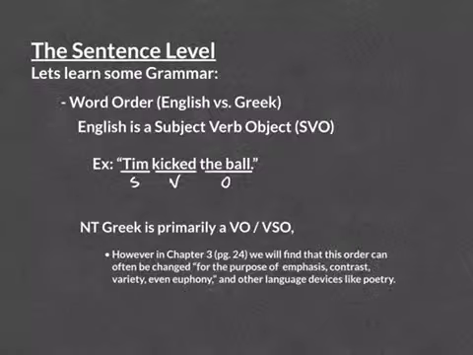I mean, there's a few other things. If there's an article involved, like the word "the," sometimes it'll be "the" with a whole bunch of stuff, and then the noun that it's attached to. All that stuff in between is basically talking about what that noun is talking about. We'll talk about that later when we get to nouns.